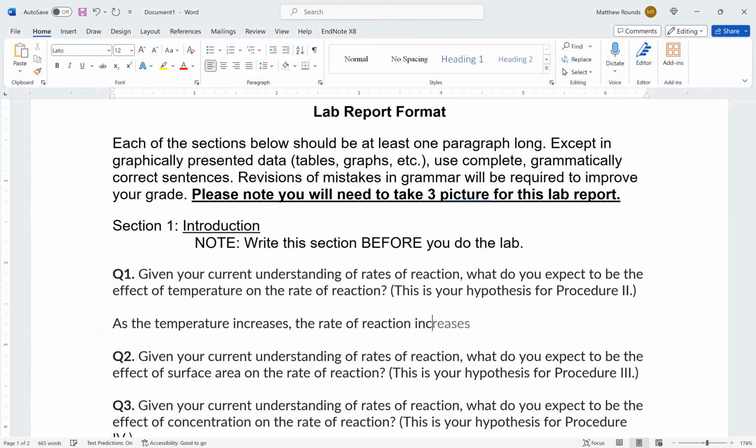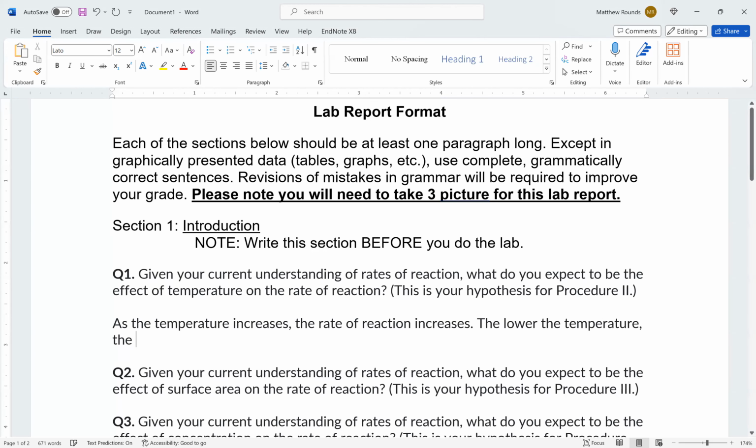Yeah, we can just say increases. Keep it succinct. You might want to add another sentence that says going the other way. This is the other way you can word it: the lower the temperature, the lower the rate of reaction.